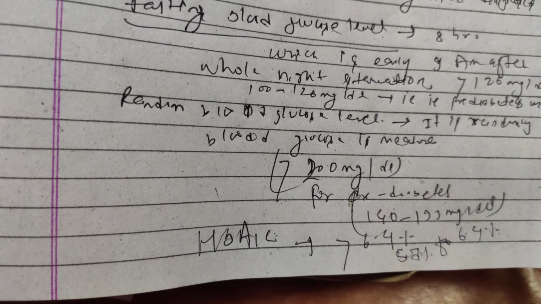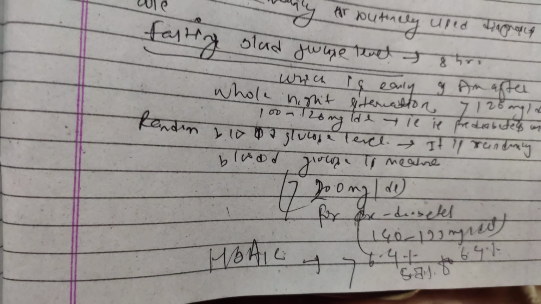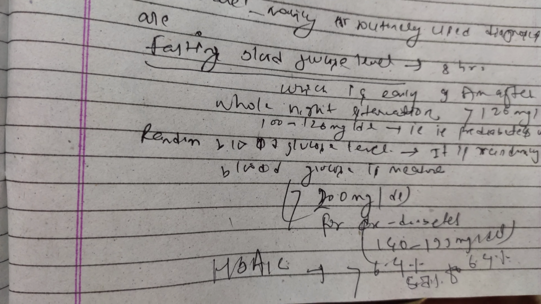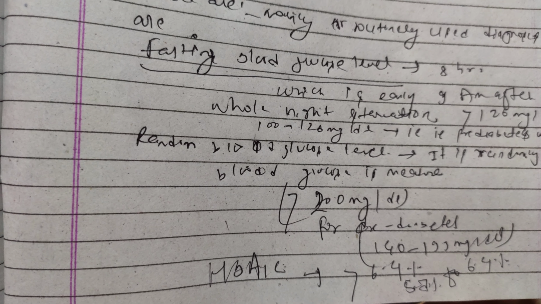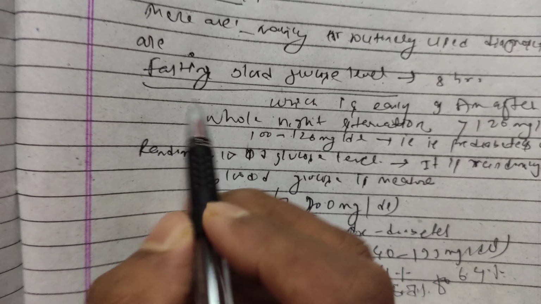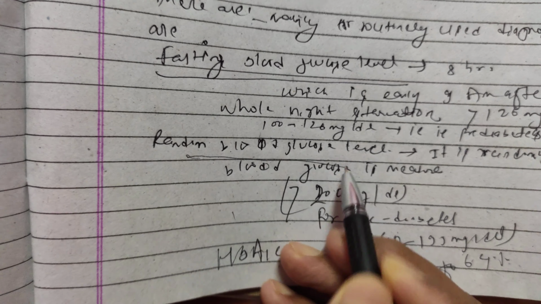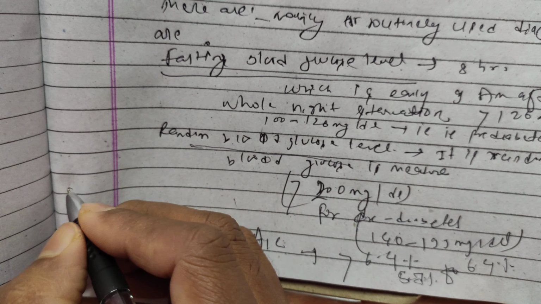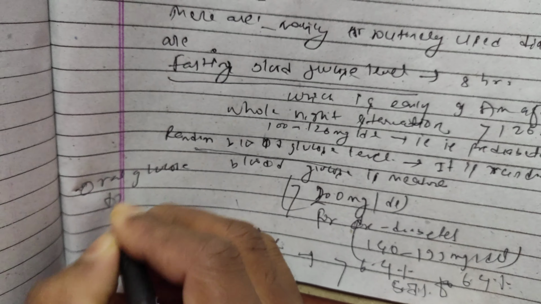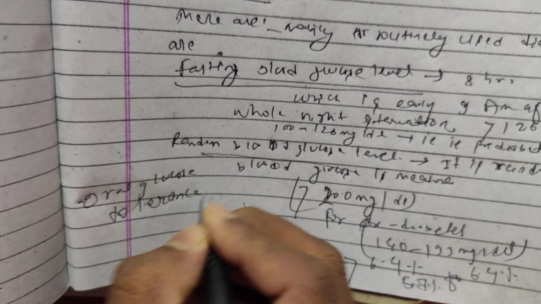And other tests are the autoantibodies against the beta cells, which can also be detected in diabetes mellitus patients. And in random blood glucose level, there is one test called the oral glucose tolerance test.